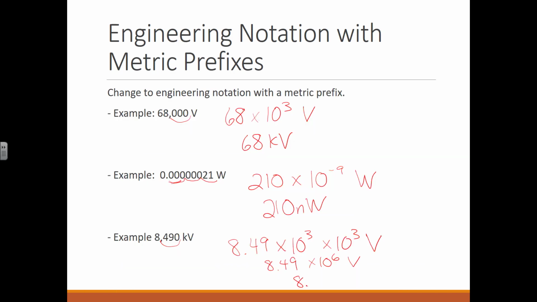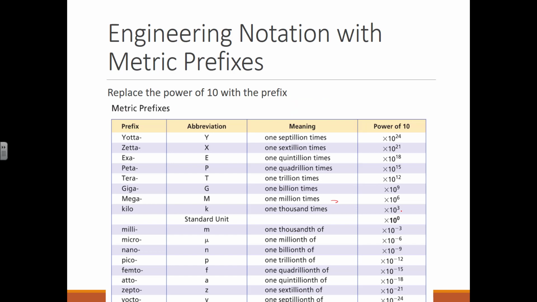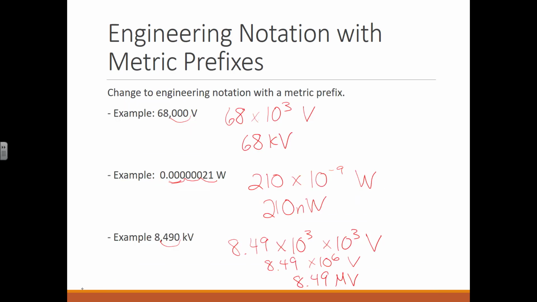So 8.49 megavolts. The other thing I could have done, once I had this times 10 to the third, if I was already at kilo, I could look at the chart too. I'm at kilo, that means I'm going up another times 10 to the third. So just go from kilo up to mega that way as well. Either way though, I'd end up with megavolts.